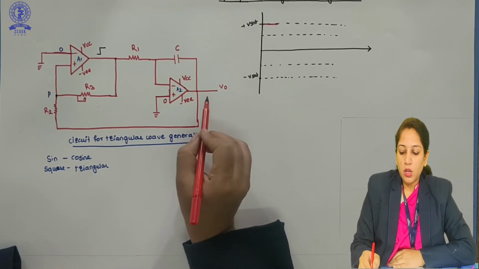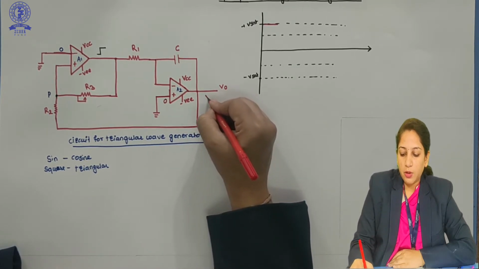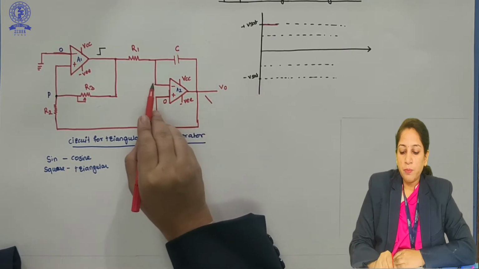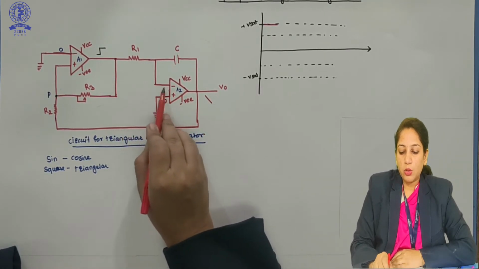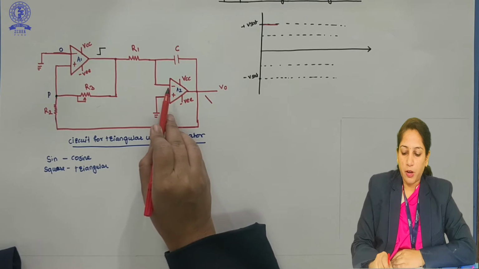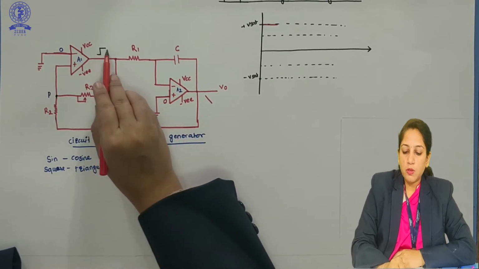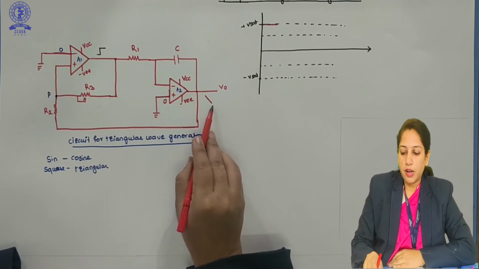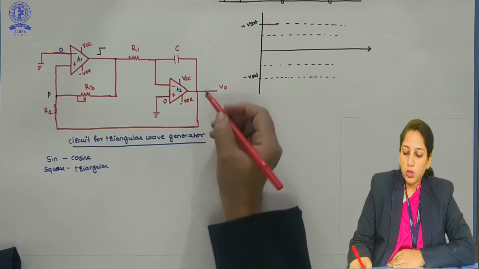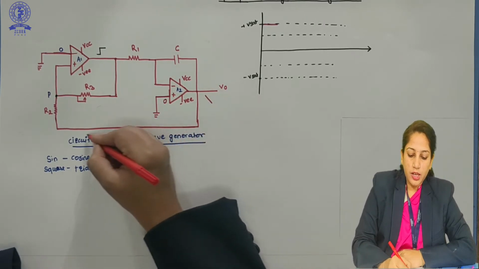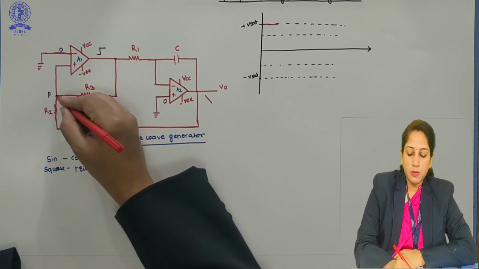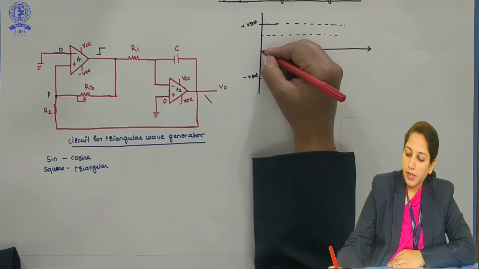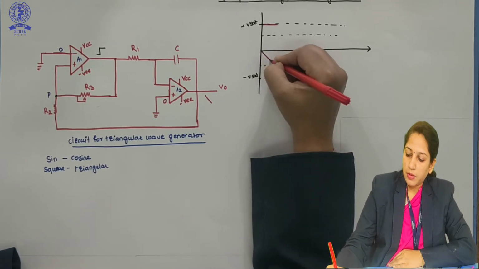I will get the output as a negative ramp. Why? Because the input is connected to the inverting terminal of the operational amplifier. So for the positive square wave, positive V saturation, I will get the output as a negative ramp. This negative voltage will be given to P, so here also I will get a negative ramp.